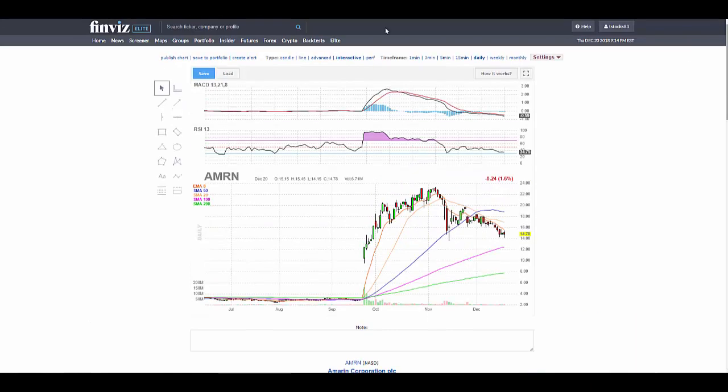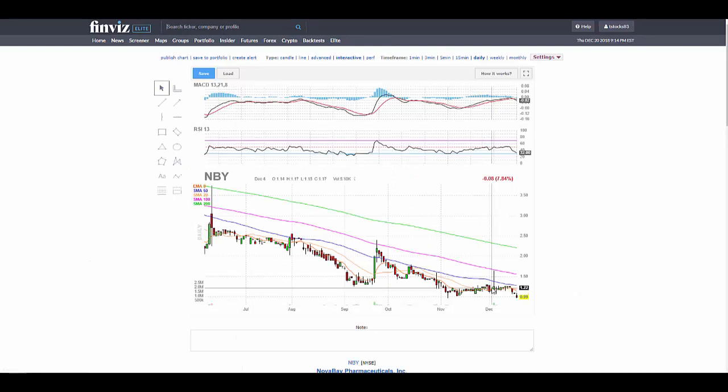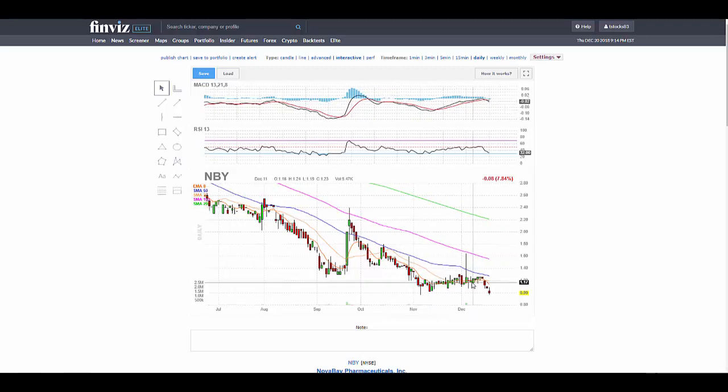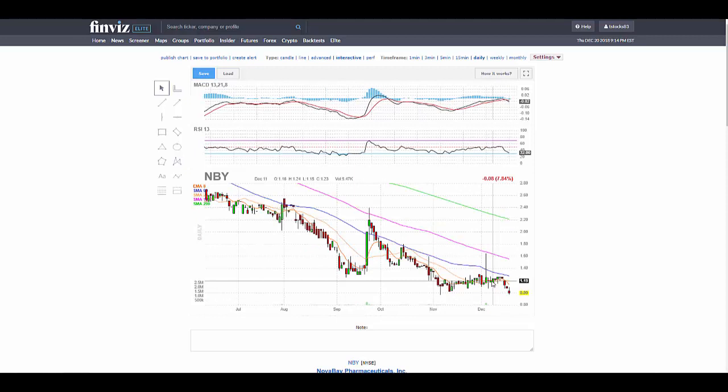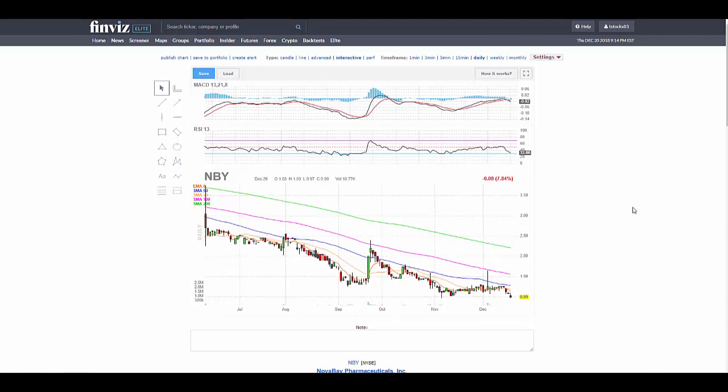The example I would use is this one right here, NBY. We got in at $1.50, it goes up to $1.55, you're supposed to sell at $1.63, and the stock is all the way down at $1.25, $1.28, $1.30, and people are like, is it still a hold? Then what was the whole purpose of putting the stop loss into the text message in the first place?